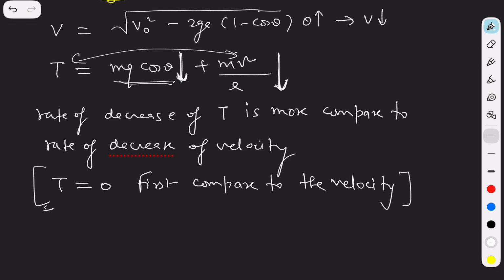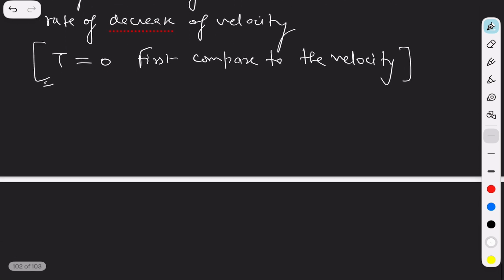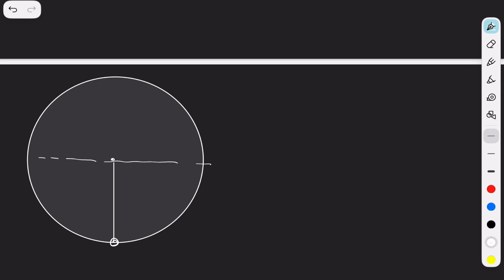If we have this circle, and this is your particle, and we are throwing it with some velocity more than root 2gl and less than root 5gl, what is going to happen? It will go, and as it reaches some point where the tension becomes zero, the rope will slack. There will be no tightness in the string, but at this moment velocity will not be zero, it will be non-zero.